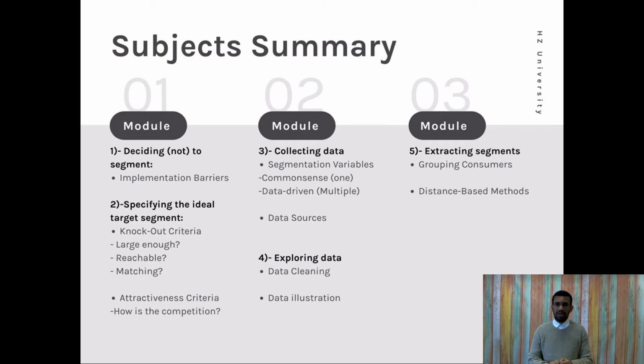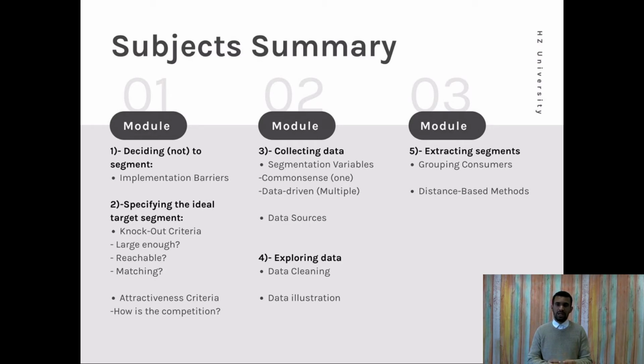When we speak about matching, we ask whether Albert Heijn's strengths meet the needs of the target group. So answering these questions, if the answer is yes, that means we can go to the next step. But if the answer is no, that means we should stop market segmentation and maybe move into mass marketing or mass targeting. And the second criteria we could also use here is called attractiveness criteria.